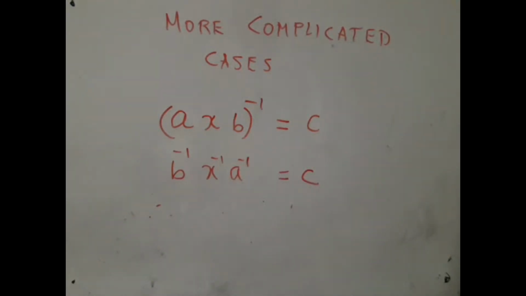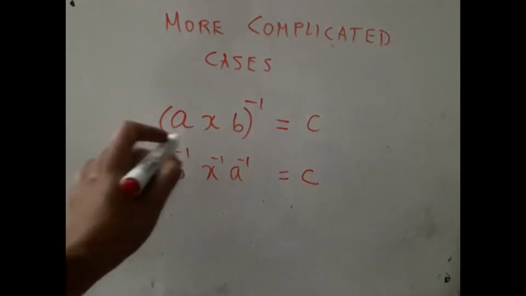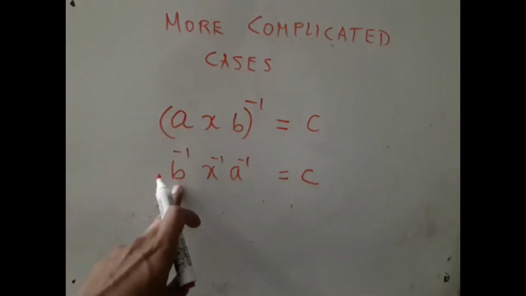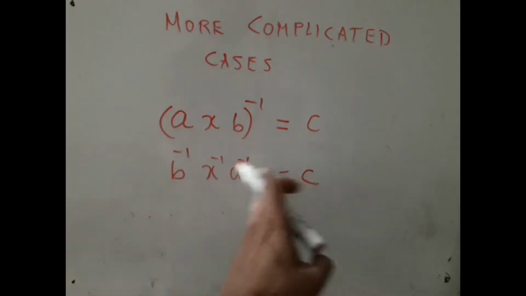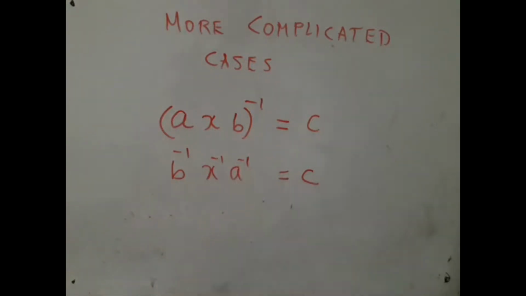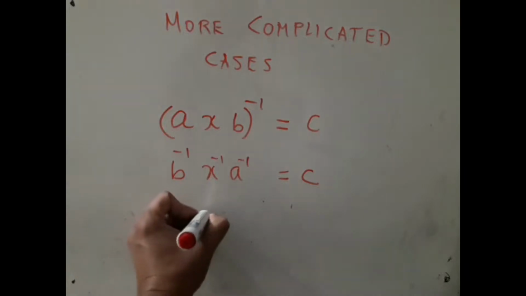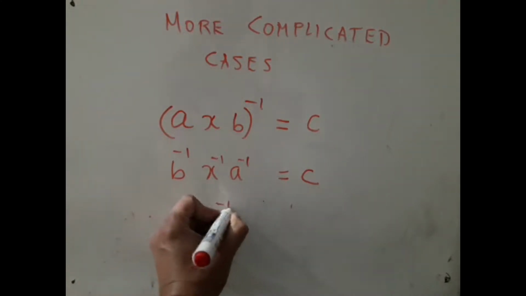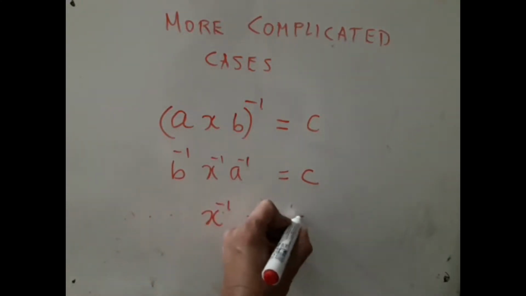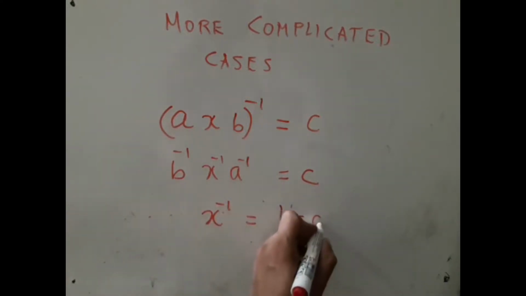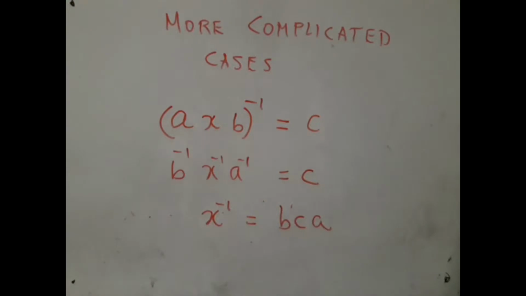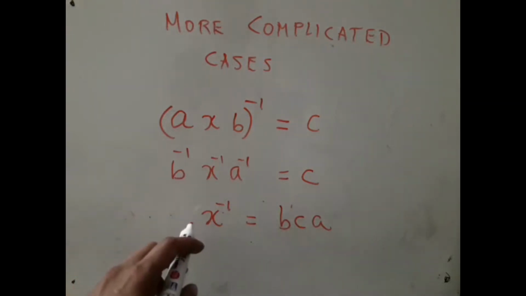So now you can solve it quite easily. You have to get rid of this b inverse, so you will pre-multiply by b and post-multiply by a to get rid of this a inverse. I will do both things in one step, and I will end up with: I had c, pre-multiply with b, post-multiply with a to get this. But still I have got x inverse, so I need to get x. How do I get x from x inverse?